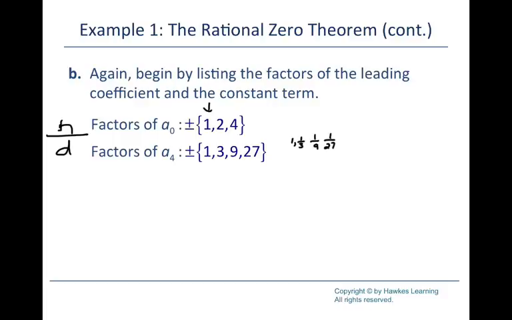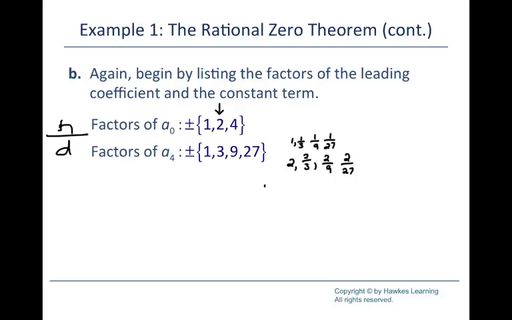Then I'm going to start with the 2. Instead of the 1, I'm going to use the 2. And if I get into anything I've already got, I don't list it again. So I've got 2 over 1 this time, 2/3, 2/9, and 2/27.